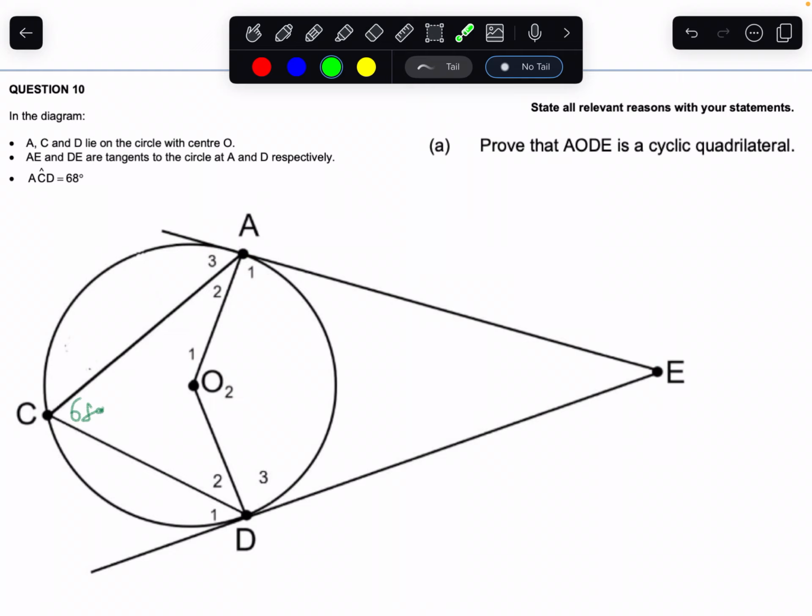Anyway, so yes, we need to show that AODE is a cyclic quad, and with proving that something is a cyclic quad, it's one of two things, right? You are either proving that this angle and this angle are supplementary, or this angle and this angle are supplementary. Okay, I'm already seeing right, because we know that that's a 90 and that's a 90, so a cyclic quad for sure.